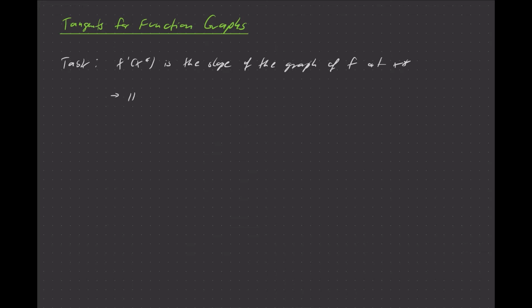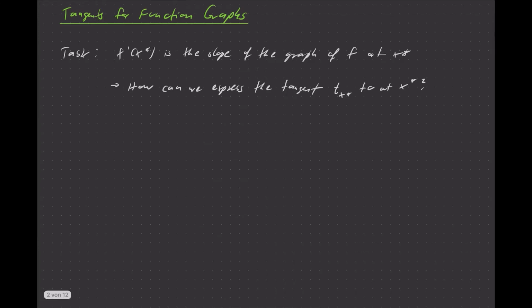So the question is, how can we express the tangent? And we'll call that tangent t with an index x star. So that's a tangent to f at the point x star. And we want an explicit description of that tangent right now.